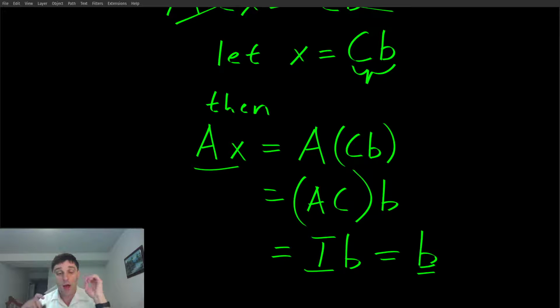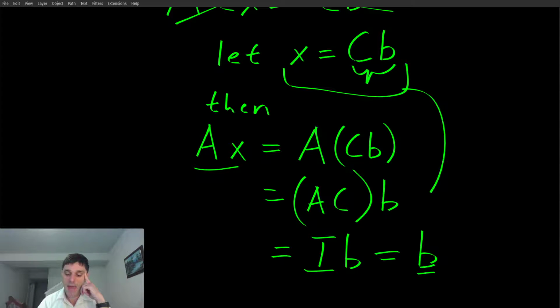And unlike the left inverse, it's not the case that this implies that the columns are linearly independent, and it's not the case that this is a unique solution. All we said is if x is equal to c times b, then ax is equal to b. That means that this is definitely a solution to this system. That's one.